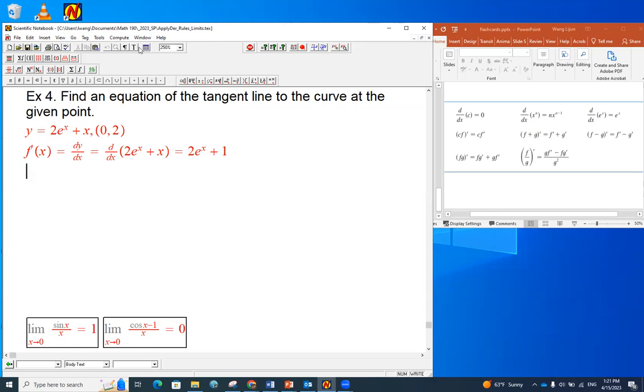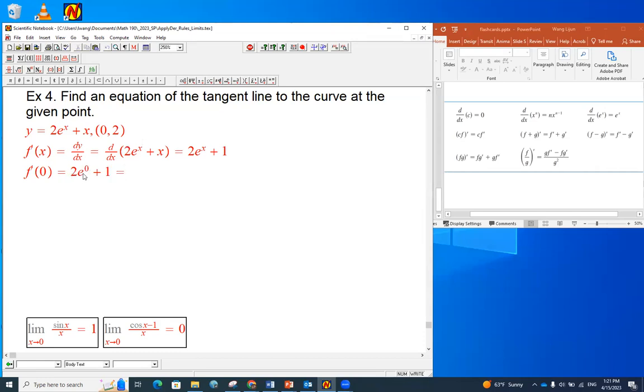So now we need the slope of the tangent line at point 0. So when x equals 0, that's the slope we want. You see the point given is 0, 2. The x coordinate is 0, so we evaluate the derivative at 0. So all we have to do is just replace x by 0 in this case.